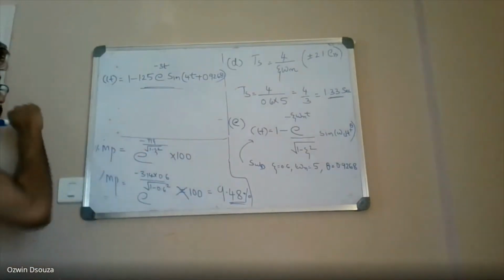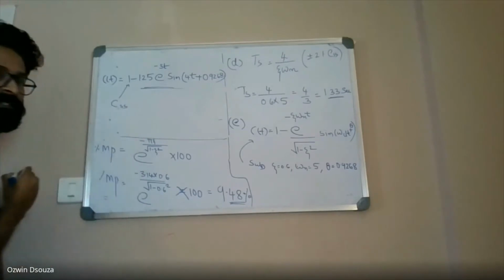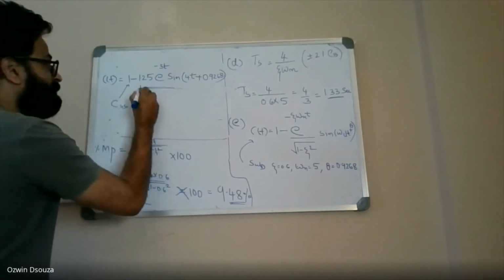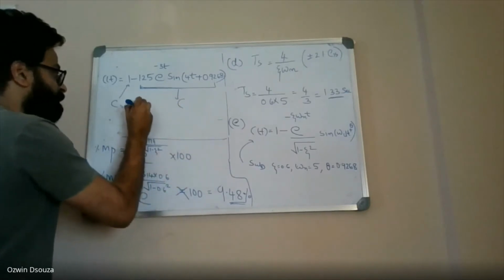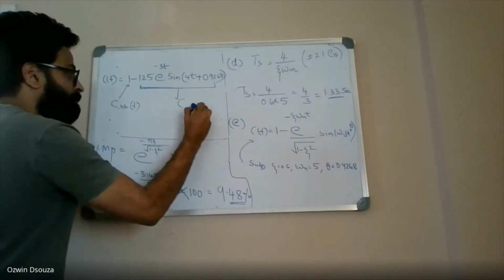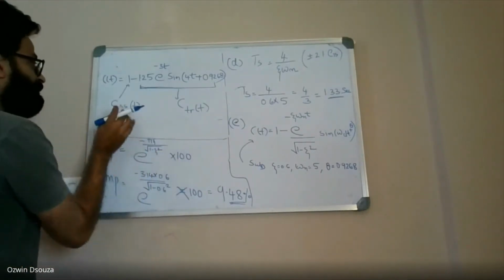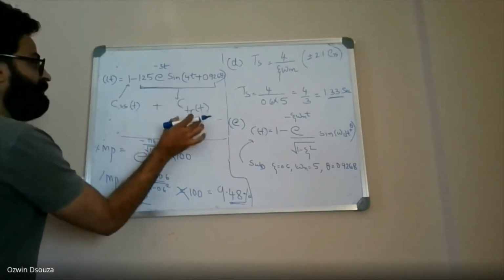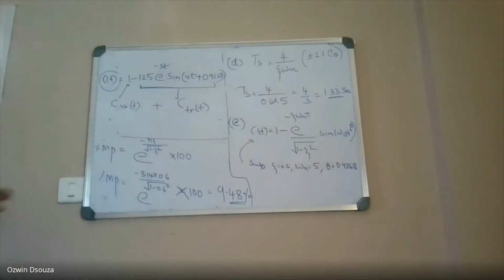Your closed loop response consists of the steady state response c_ss as well as the transient response c_tr of t. Together, the steady state response plus the transient response will give you c of t. So that is your closed loop response of a second order system.